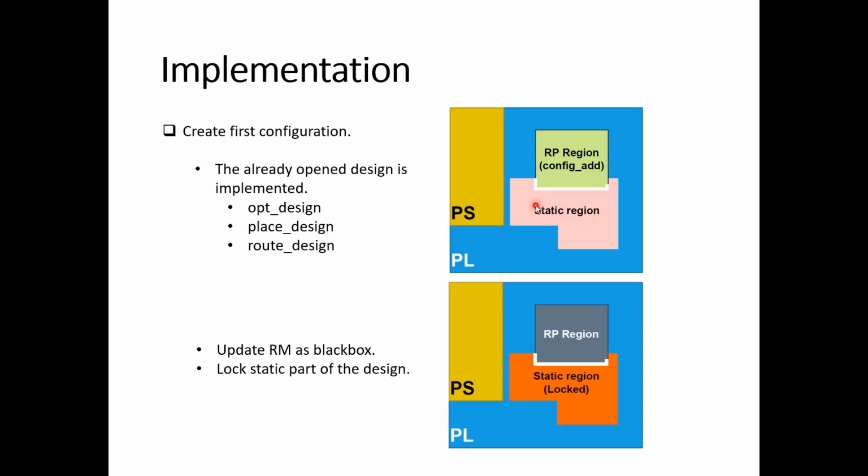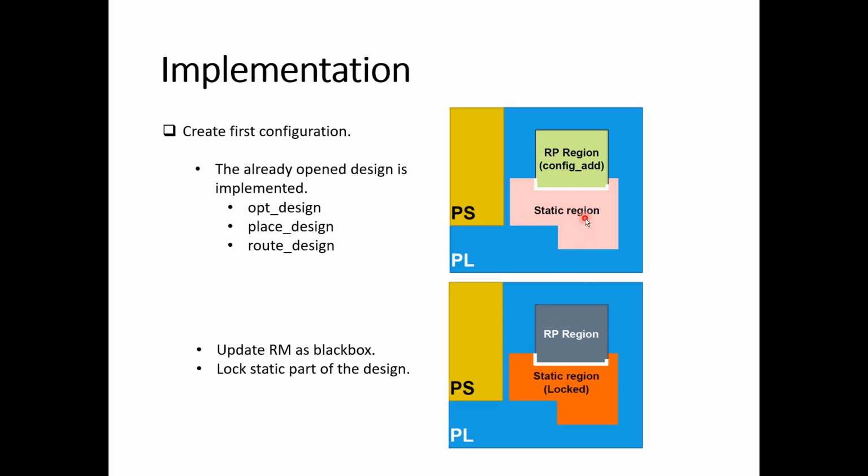And we have to make sure that this region is known as a static region. Why this is known as a static region is because when we implement it again, when we add this multiplication module in this RP region, we only want to place and route the multiplication module, but the other modules which we have already placed and routed, we don't want that to change.